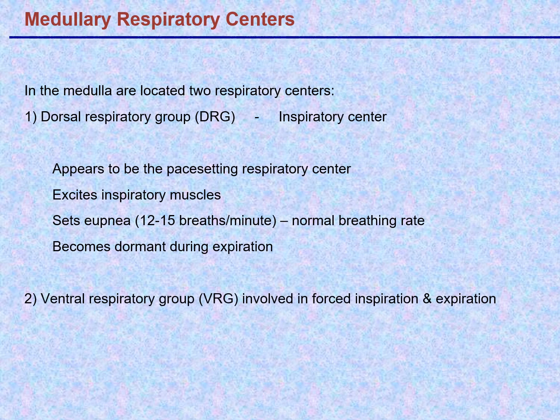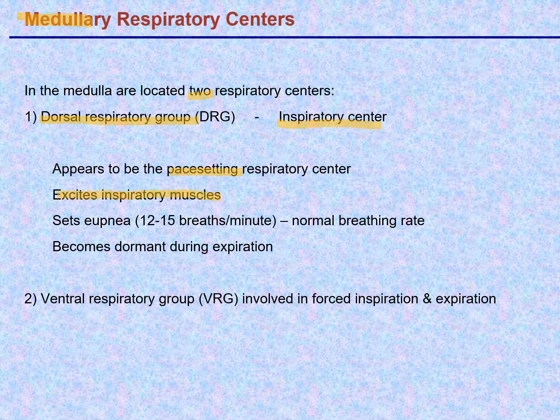The respiratory centers present in the medulla are called medullary respiratory centers. There are two. One is the dorsal respiratory group, or DRG. That is the inspiratory center. It's involved in setting the pace for inspiration. It helps to excite or trigger inspiratory muscles.